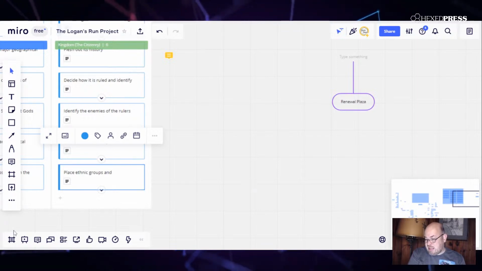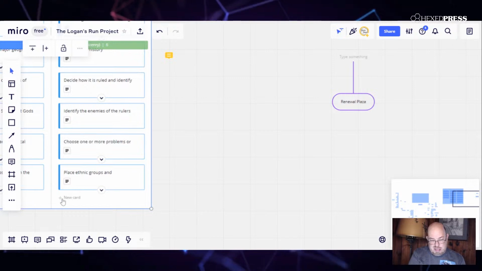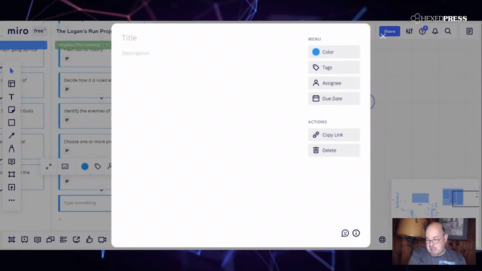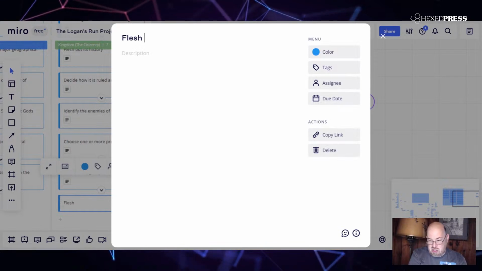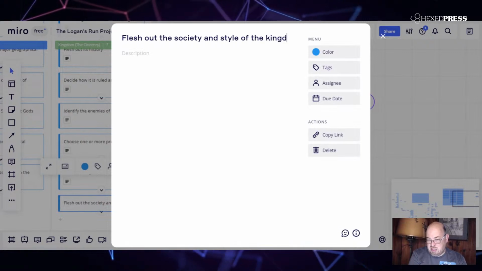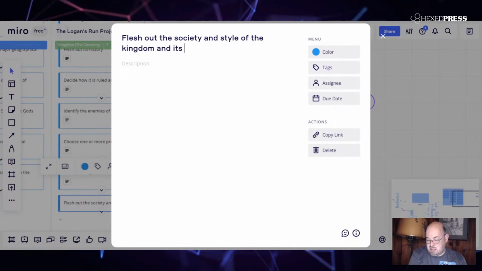Okay, flesh out the society and style of the kingdom and its occupants. This one we have to reference another set of tables. Looks like we might have to go to another page and check it out.